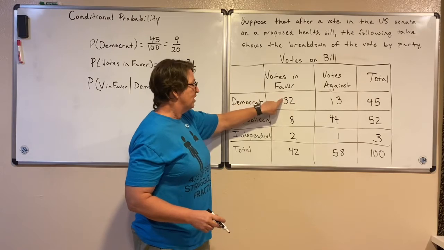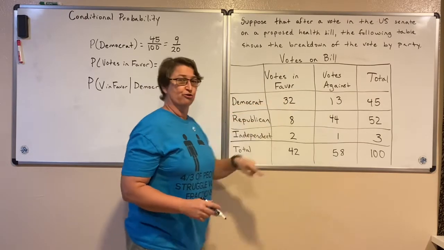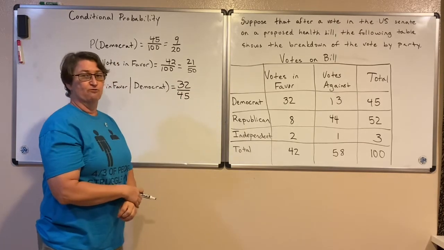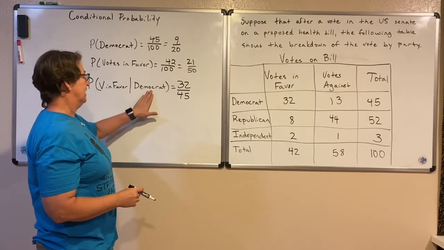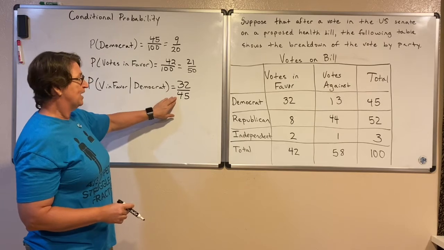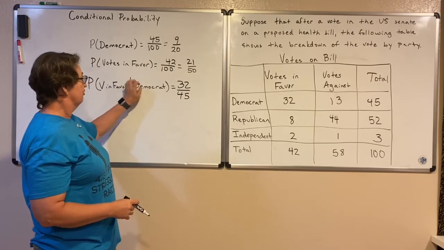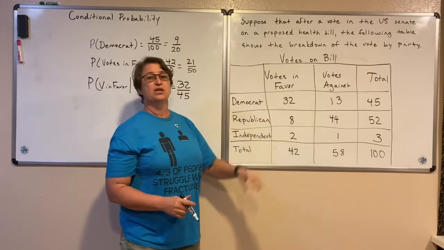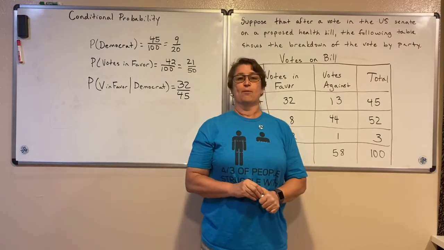And then the ones that are in favor that are those Democrats are the 32. So it's 32 out of 45. So you see, with the conditional probability, whatever my condition is becomes my denominator, and then the two together become my numerator. It has to be both of those is my numerator. And that is conditional probability.